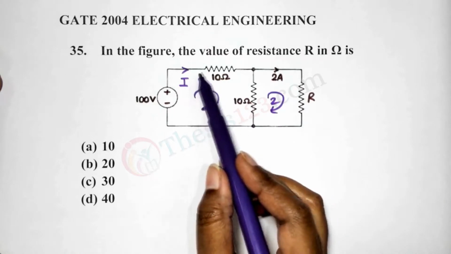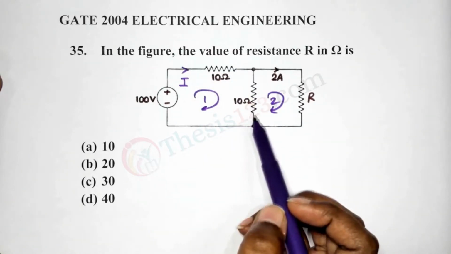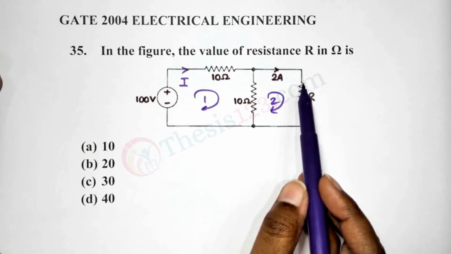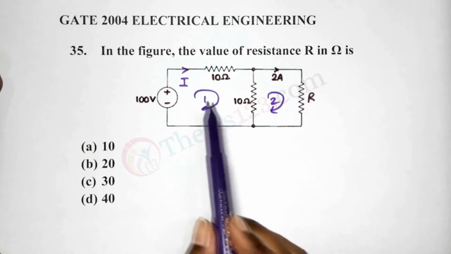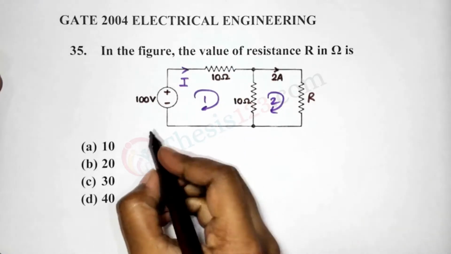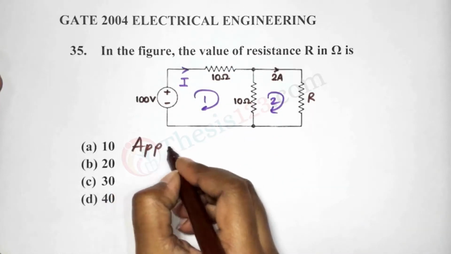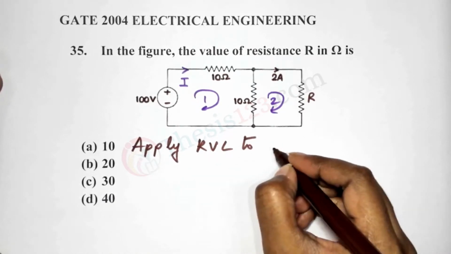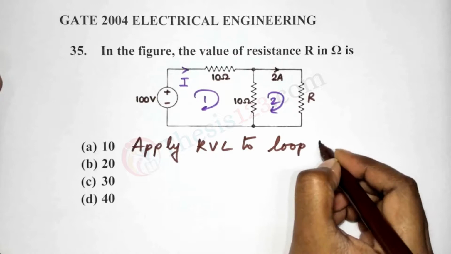We still need to find out what is the current passing through this portion in order to find out the value of R. So let's first apply KVL and find out the expression for this loop here. Apply KVL to loop 1.